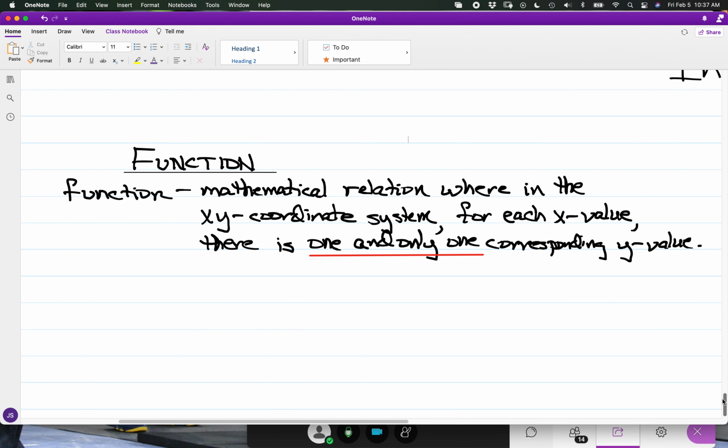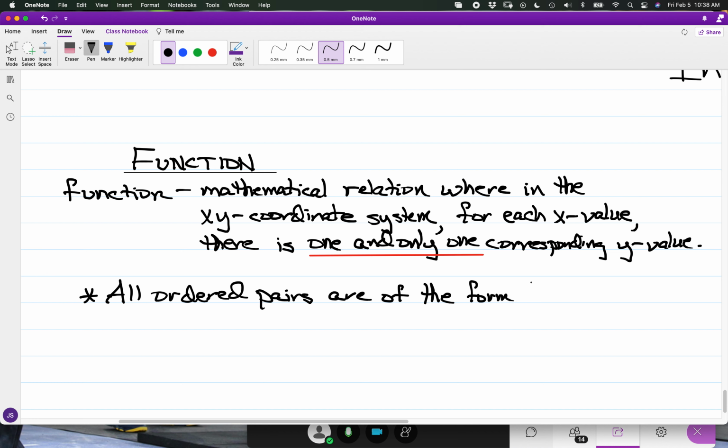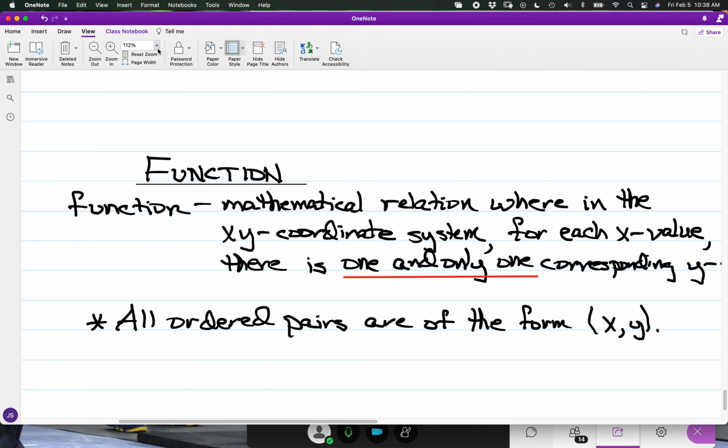And regarding the xy coordinate system, for all points, and points are also regarded as ordered pairs in the xy coordinate system, you have to be of the form (x, y).